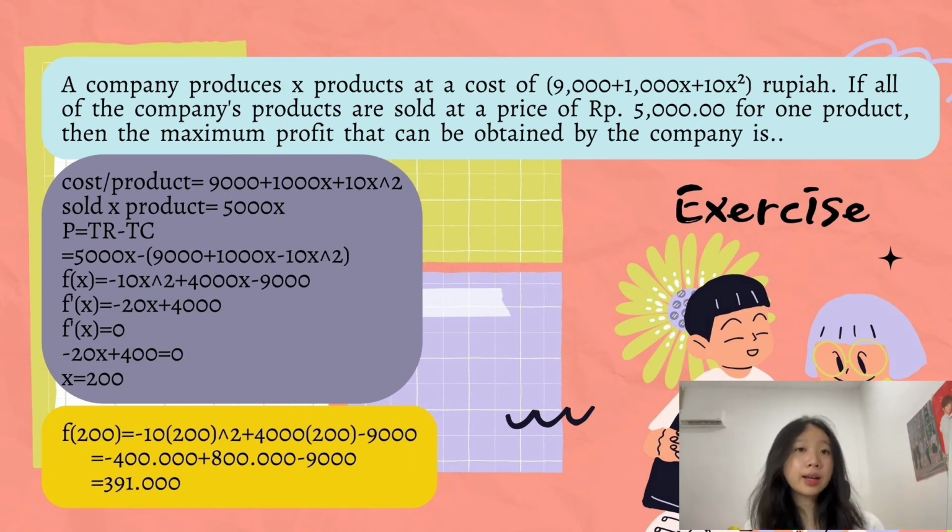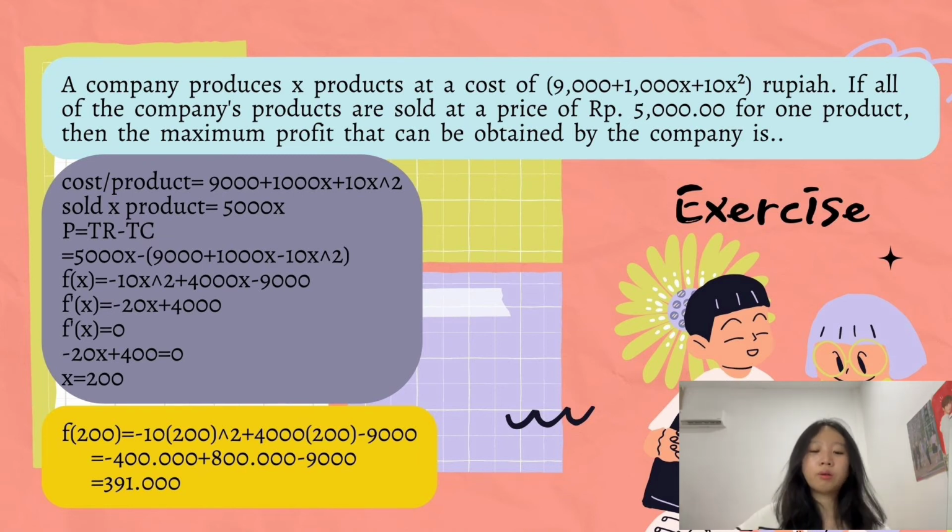For f'(x), it is the derivative of f(x), so it remains minus 20x plus 4,000. Don't forget f'(x) equals 0, so minus 20x plus 4,000 equals 0, so x is 200.